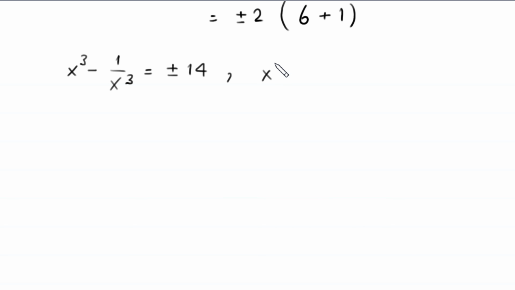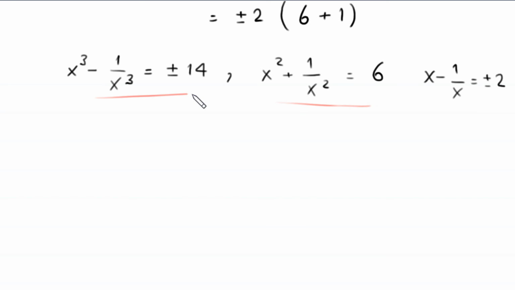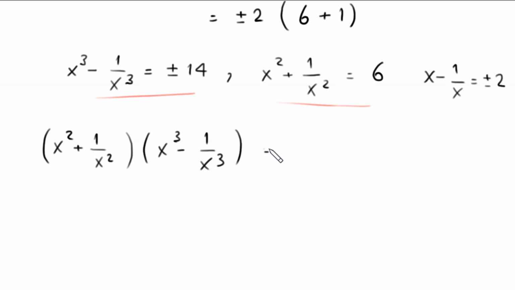We have x squared plus 1 over x squared equal to 6 and x minus 1 over x equal to plus minus 2. We multiply these two equations. So this will become (x squared plus 1 over x squared) times (x cubed minus 1 over x cubed) equal to 6 times plus minus 14.